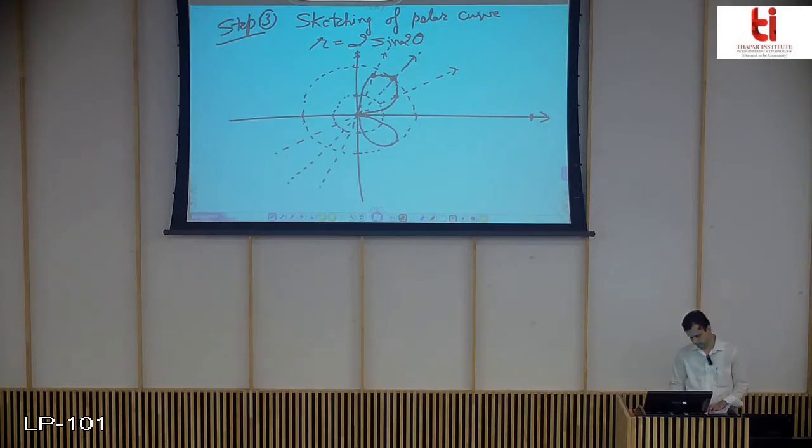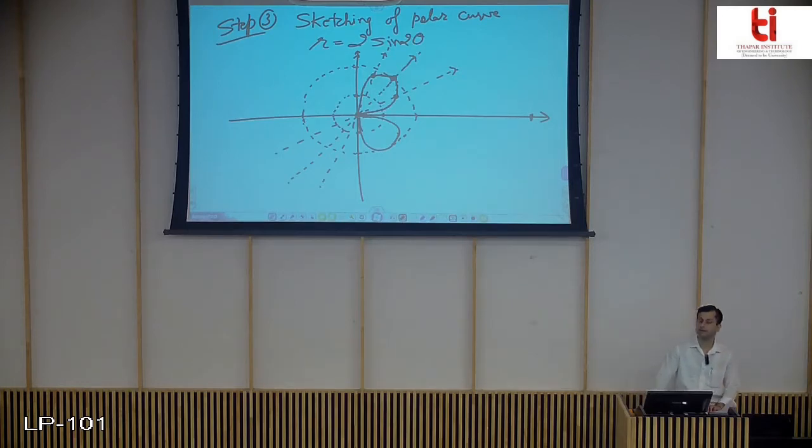Let me just draw it in proper form, like this. Since it is symmetrical about the x-axis, there are mirror images up and down of the x-axis. Whatever is on the upper part of the x-axis will have a mirror image in the lower part.